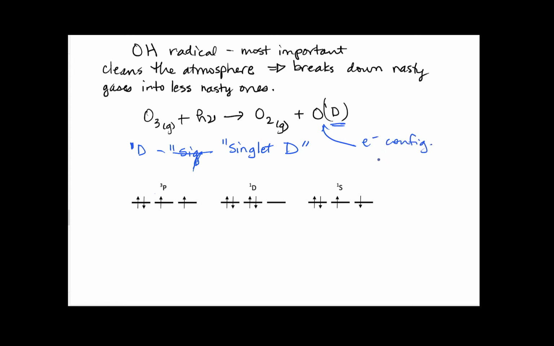And we remember it has 1s2, 2s2, 2p4 as its electron configuration. So this looks like the 2p orbital here, and we just didn't draw in the 2s or the 1s orbitals here. And this is the case.